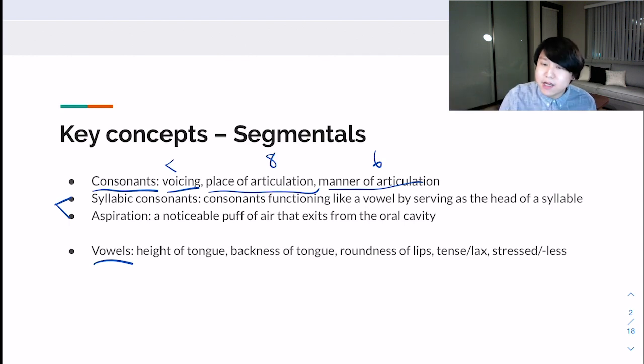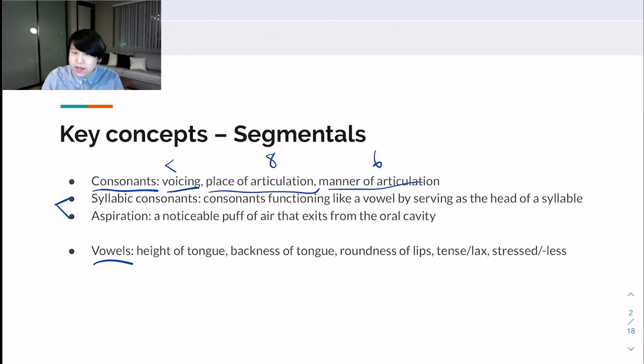One is syllabic consonants. Those are consonants that function like a vowel by serving as the head of a syllable. In English, there are a few syllables that lack a vowel and have only consonants, and one of the consonants acts like a vowel in that syllable.